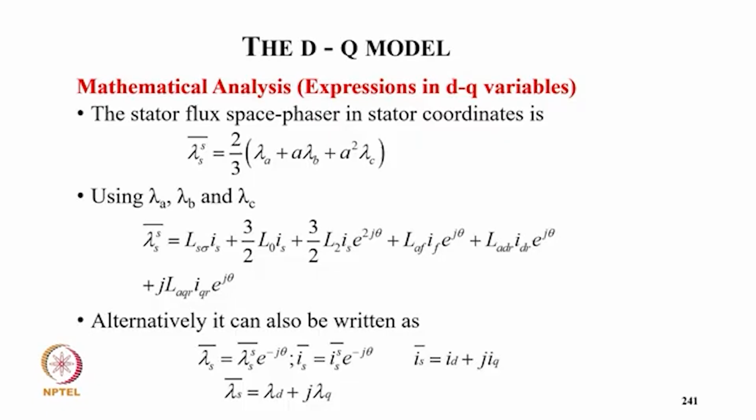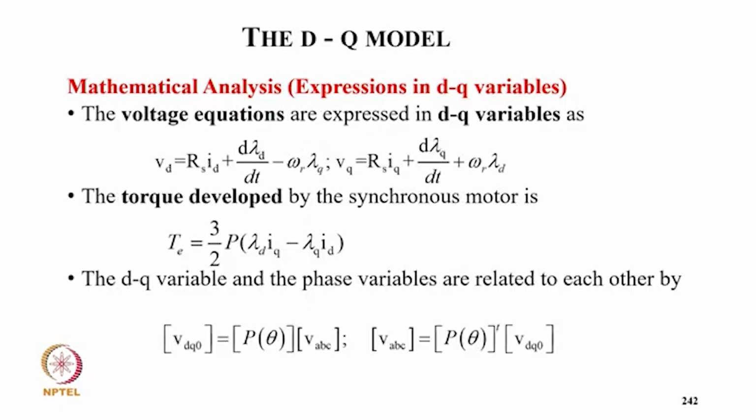Alternately, it can be written also lambda equal to lambda S e to power minus jθ, and IS equal to IS e to power minus jθ, and IS equal to ID plus j IQ, and lambda is equal to lambda D plus j lambda Q.